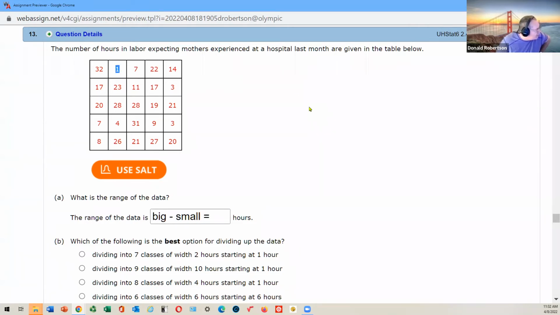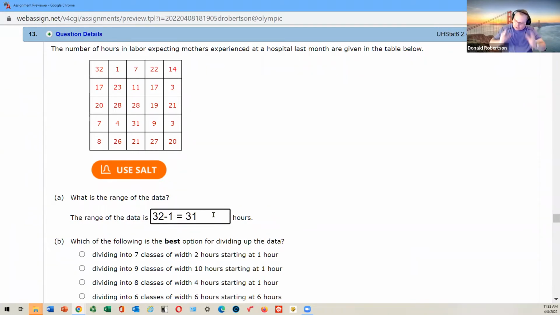Can anybody scan through that and tell me the biggest? I think it's 32, but there might be some more in there and I just can't see it. That's it. You think it's 32? Okay, great. So 32 take away 1 is called the range. And so 32 take away 1 ends up being 31.